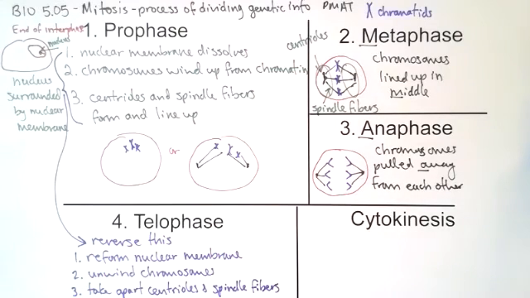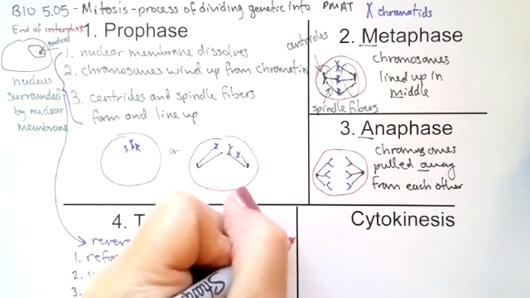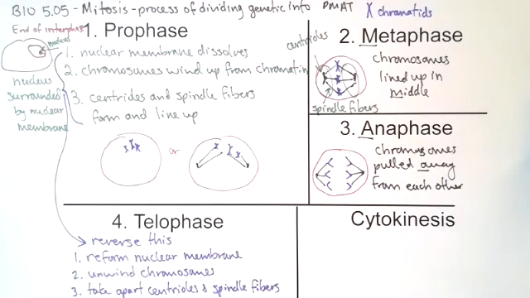It's really difficult to tell if a cell is in telophase or cytokinesis. So if this is an animal cell, what we'll see is, let me white this line out.